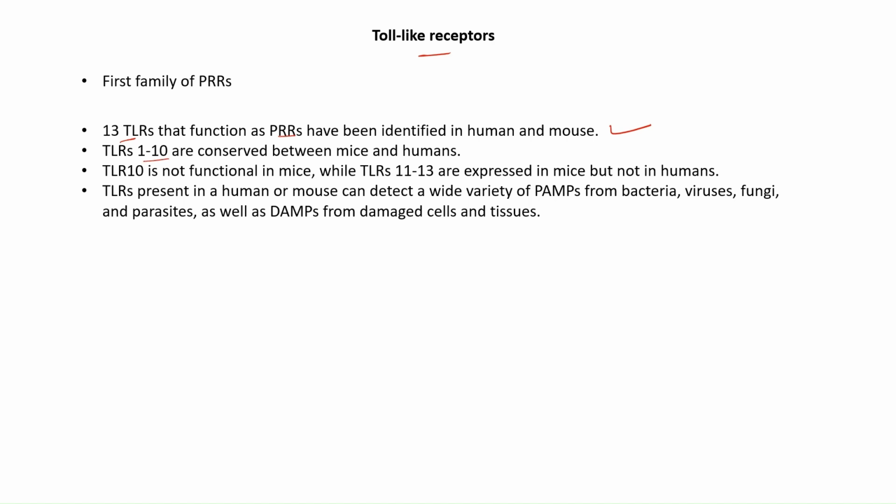TLR 1 to 10 are conserved between mice and humans. TLR 10 is non-functional in mice, while TLR 11 to 13 are expressed in mice but not in humans. TLRs present in human or mouse can detect a wide variety of PAMPs from bacteria, viruses, fungi and parasites, as well as DAMPs from damaged cells and tissues.